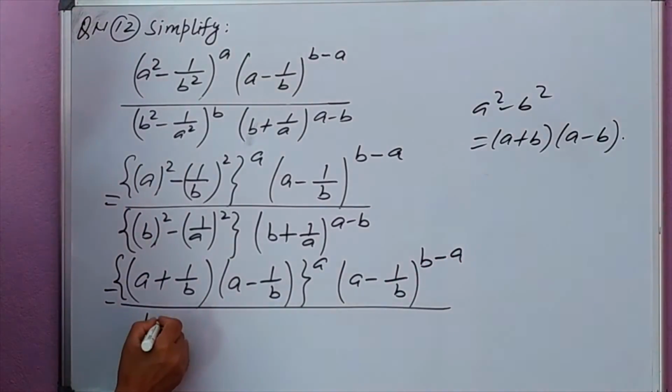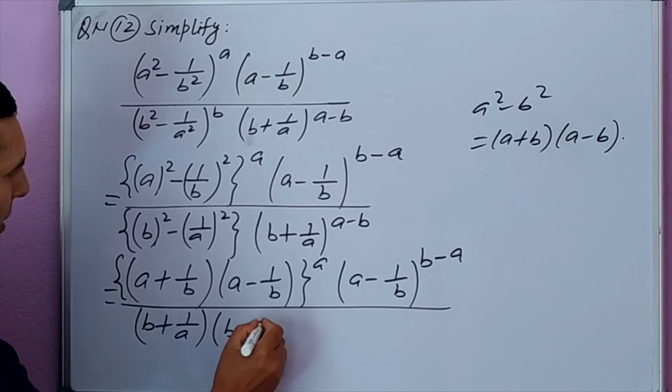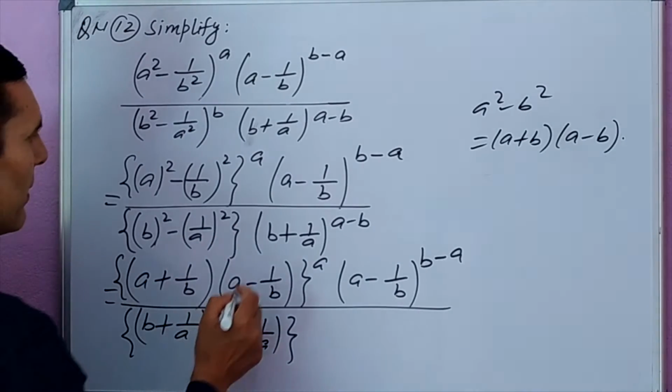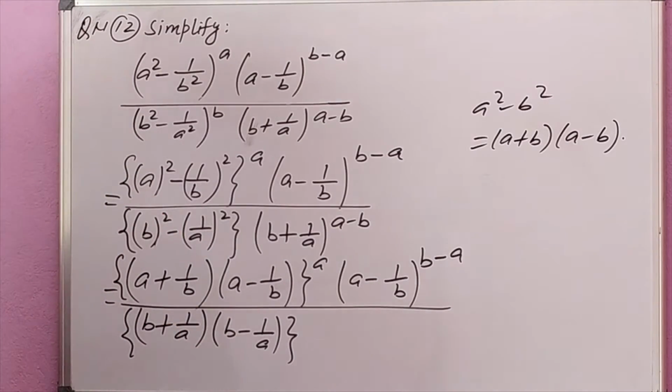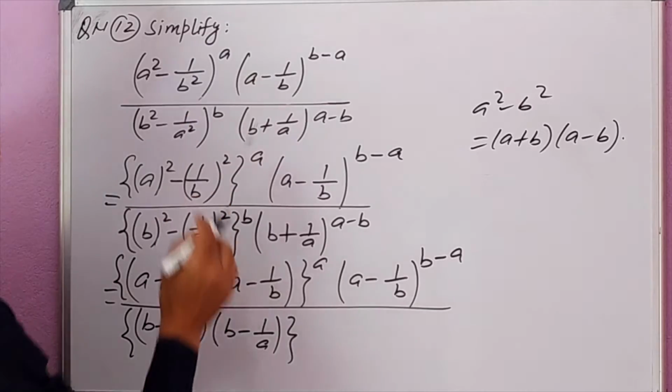Now it is (b plus 1 upon a) to the power a minus b, (b minus 1 upon a) to the power b, and this whole to the power b. In the numerator we have (a plus 1 upon b) and (a minus 1 upon b) both to the power a.